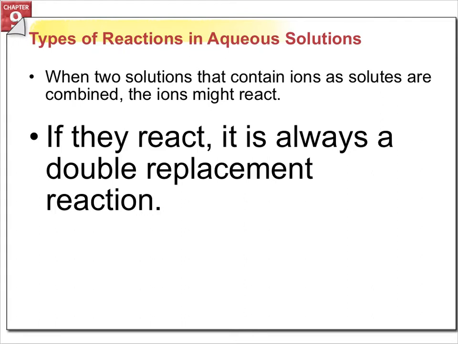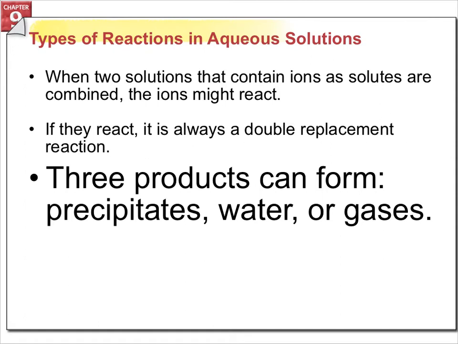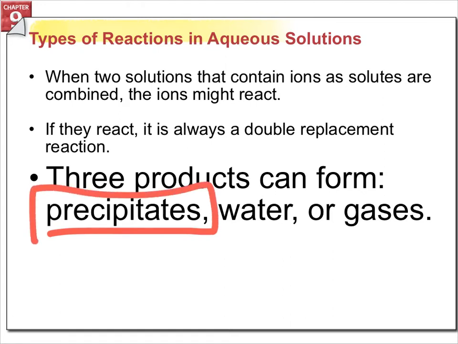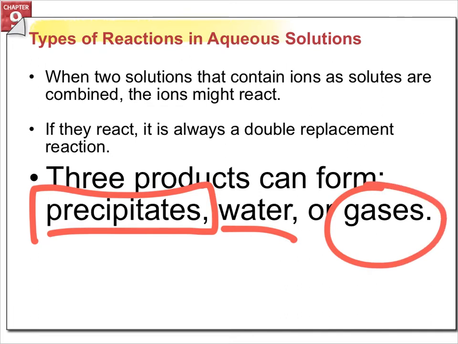So you have the cation of one combining with the anion of the other and vice versa. Three products can form with reactions in aqueous solutions. You can have precipitates, which means that something is going to come out of it, a solid. You can have water, more water formed, or you can have a gas that's given off.